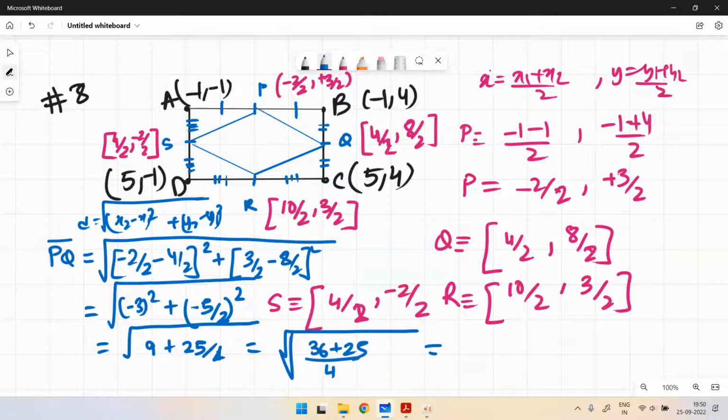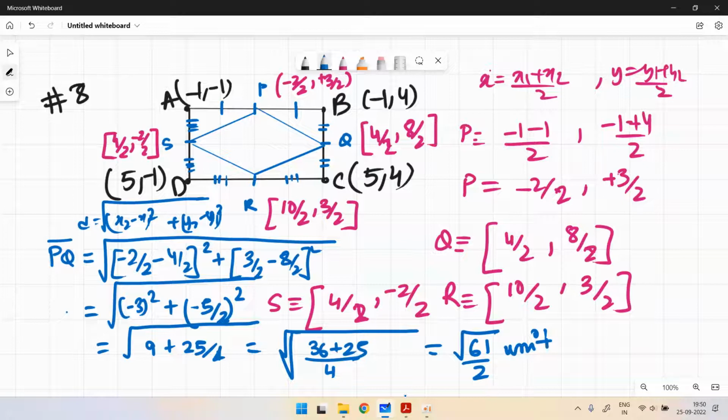So this is under root 61 by 2 unit. This is my PQ.